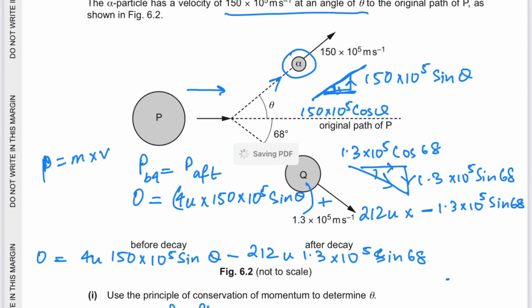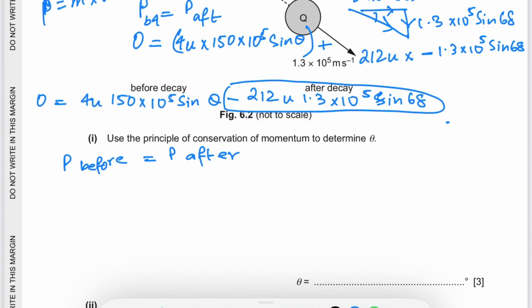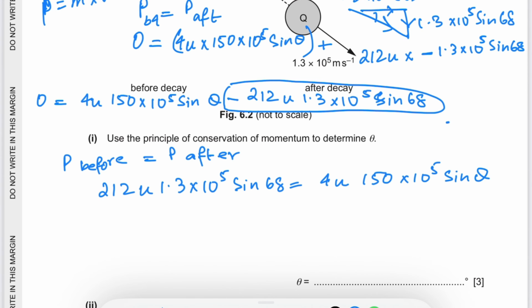And because we want to find theta, you would just shift the negative portion of this equation to the left hand side. Okay, so those would get cancelled.